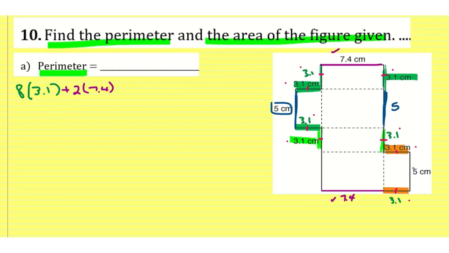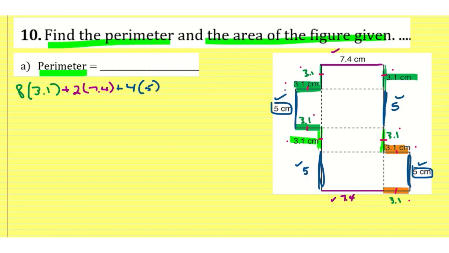And then here I have 5 down here, and it's talking about this length. And there's a matching piece over here. This matching piece over here is also 5. So that means that I have 1, 2, 3, 4 lengths of 5. So I'm going to say plus 4 lengths of 5.